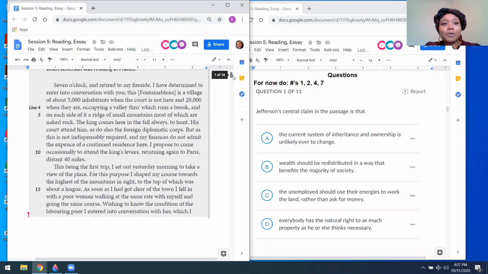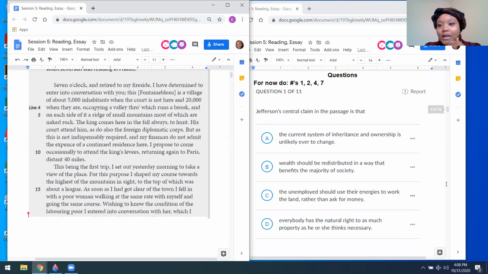If the author, Jefferson, is doing that, he obviously thinks that's how wealth should be. It should be redistributed, because that's what he did that day when he met that lady on the street. So that's a good example of some indirect evidence.